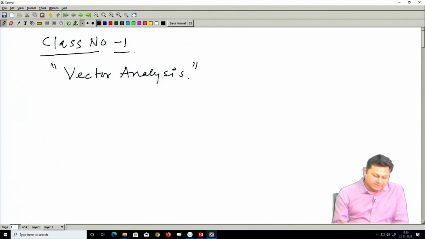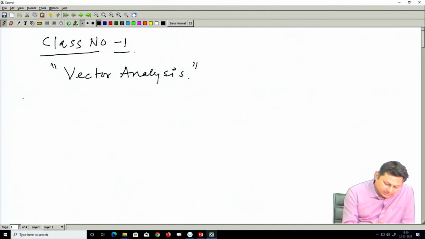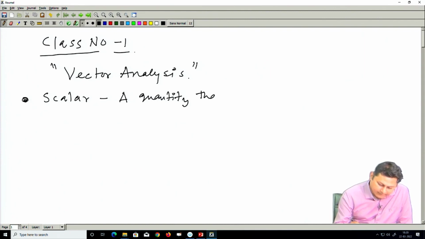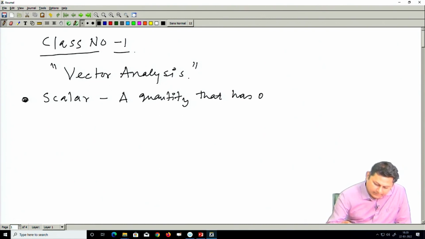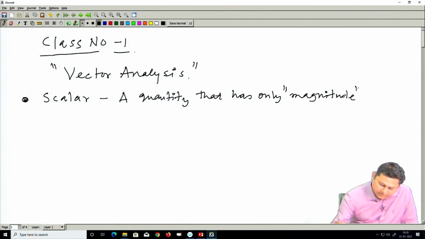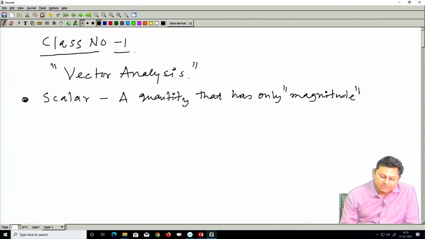What is a vector first, we need to know, but before that, what is a scalar? A scalar is nothing but a quantity that has only magnitude. So, a quantity which has only a magnitude is called a scalar quantity.